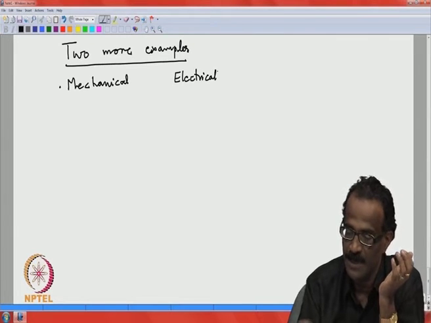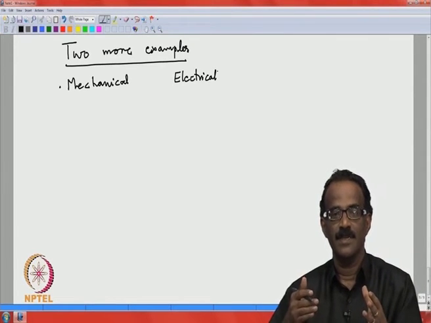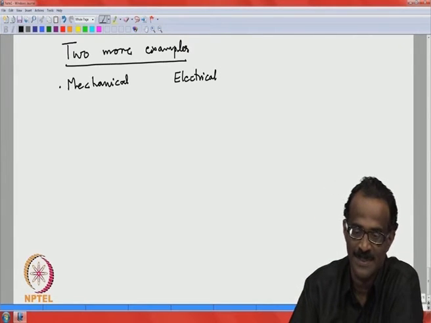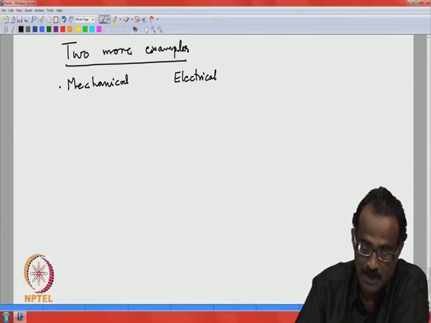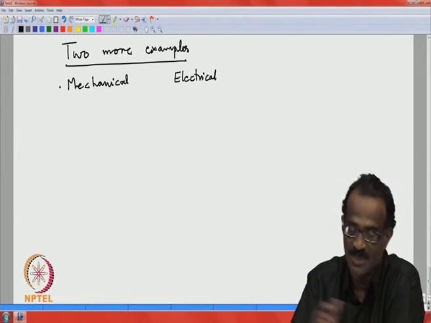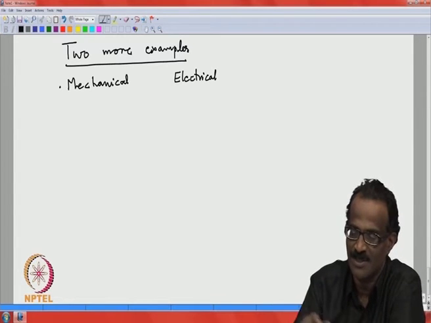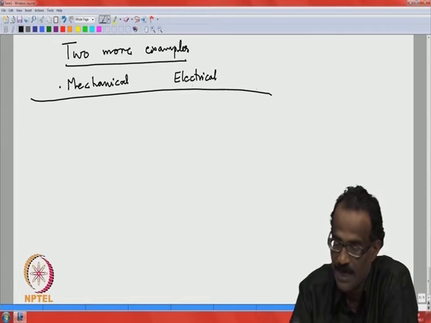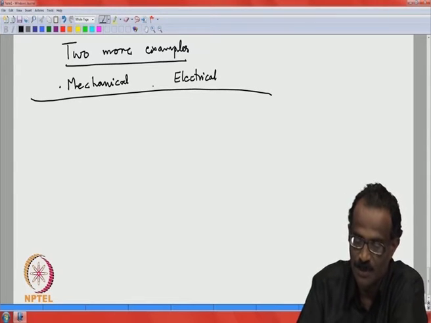And the mechanical engineers, electrical engineers regularly use these examples. In fact, any automobile, any construction, even civil or mechanical construction, these examples will work. So, today I will try to give these 2 examples and show how they are produced.